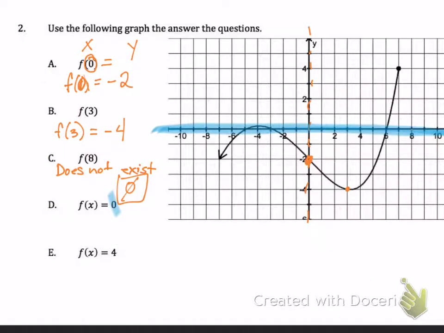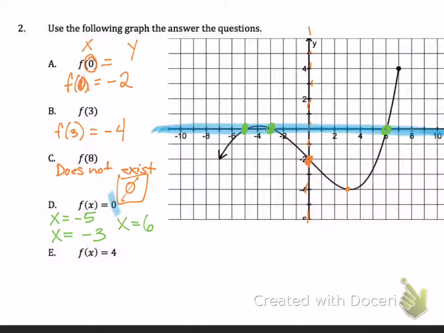How many times does it cross the x-axis? I have 1, 2, 3 of them. So I'm going to say x equals -5, x equals -3, and then x equals 6.